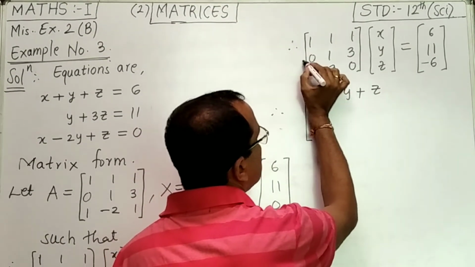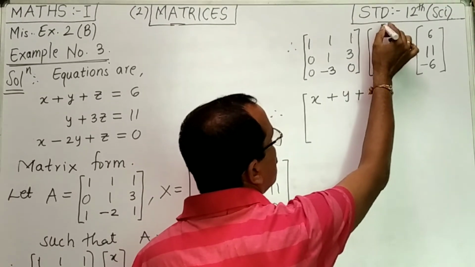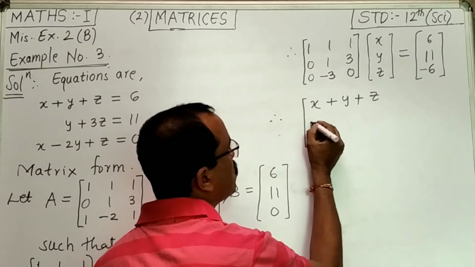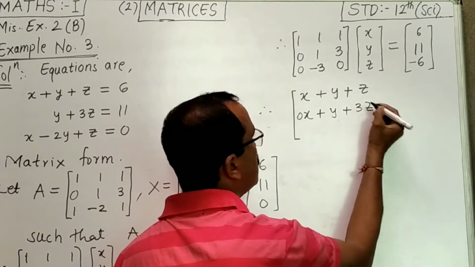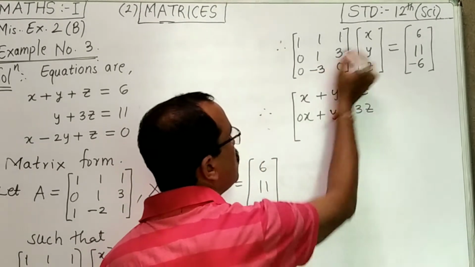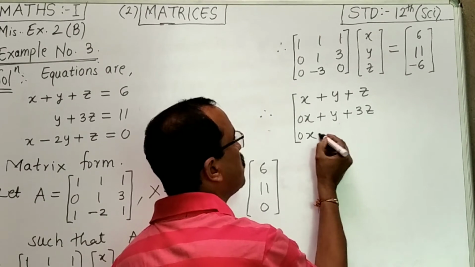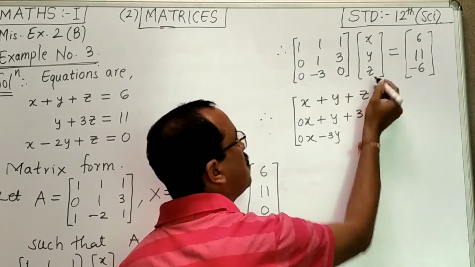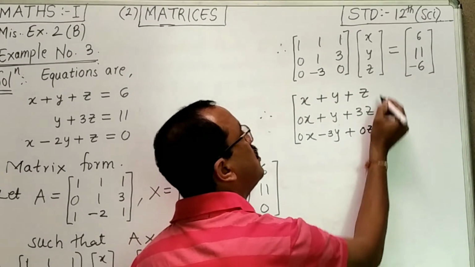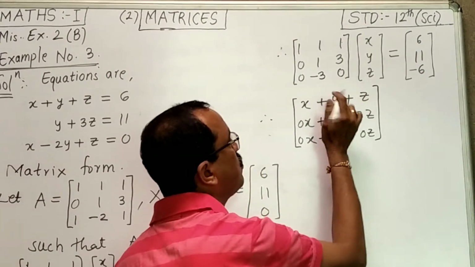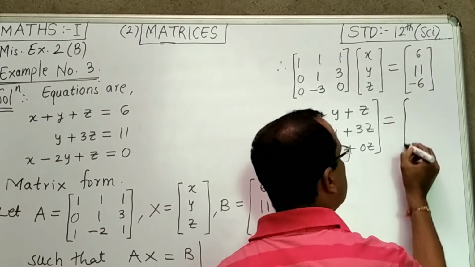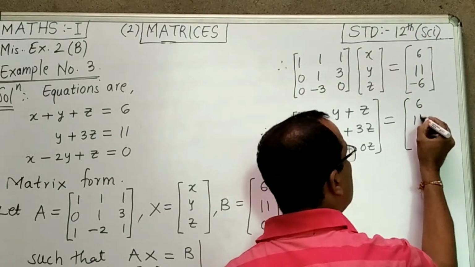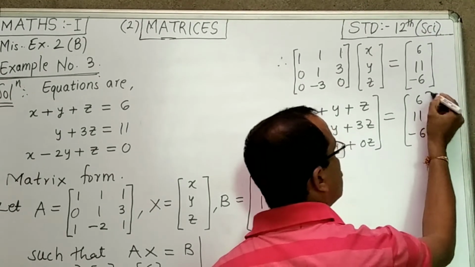So we multiply here second row to this matrix x, y, z. So 0x plus y plus 3z. Then third row is 0x minus 3y plus 0z. This is the matrix multiplication of this matrix and this, equal to right hand side matrix 6, 11, minus 6.